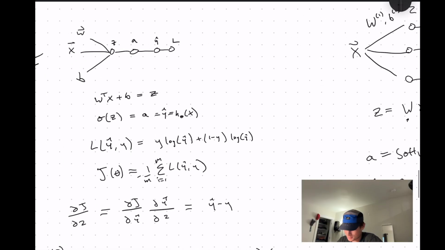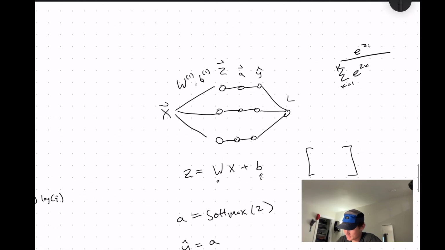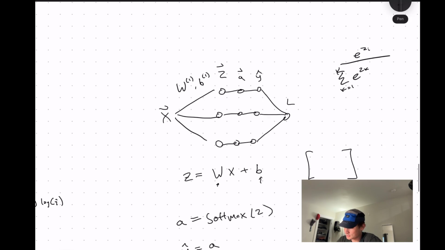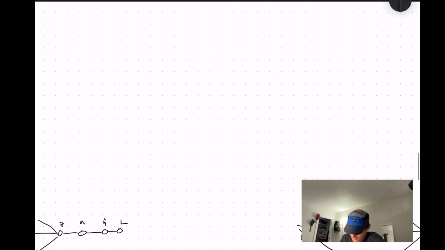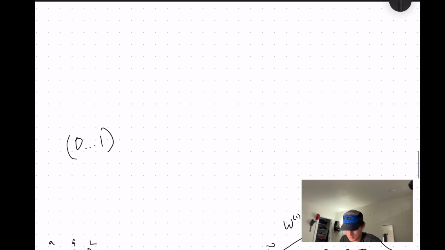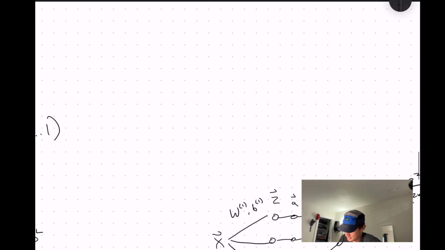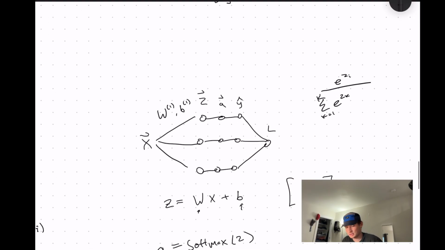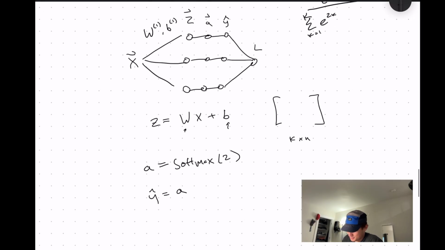So here the output was just one number, and now the output is K numbers, right? Before, we were predicting a number between 0 and 1, because it was a prediction for one thing, like is this house good or not? And now we're predicting a whole vector of numbers. And that changes things. But it doesn't change the gradients somehow.